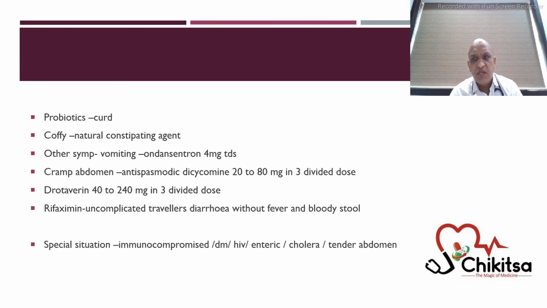In such patients you may need a stool culture or stool routine to check for other causes of your diarrhea, and then treatment differs. So this is about your routine management of diarrhea.